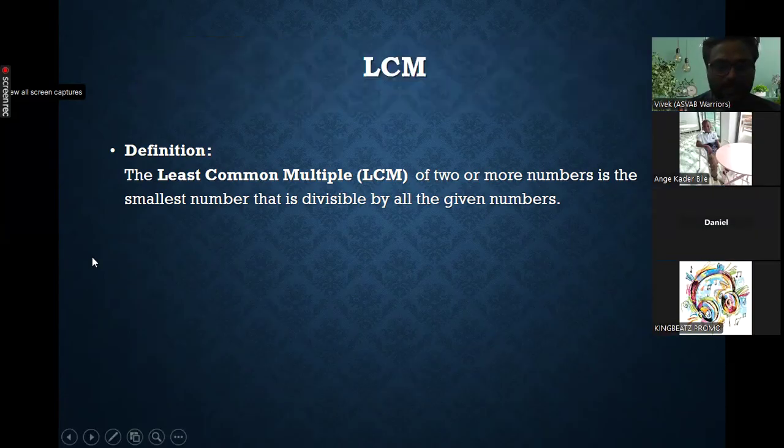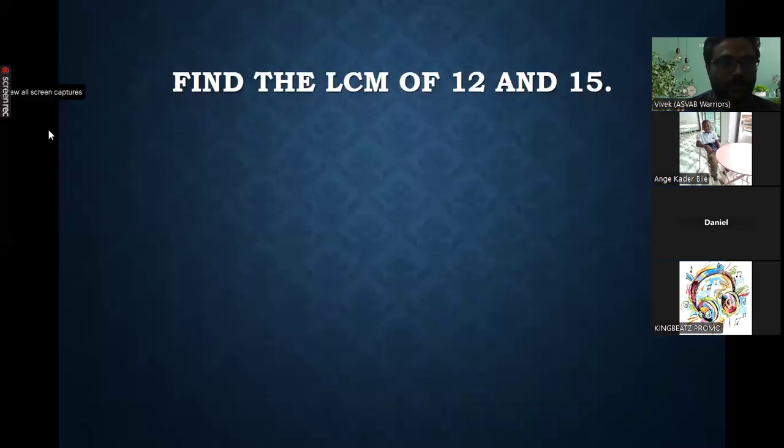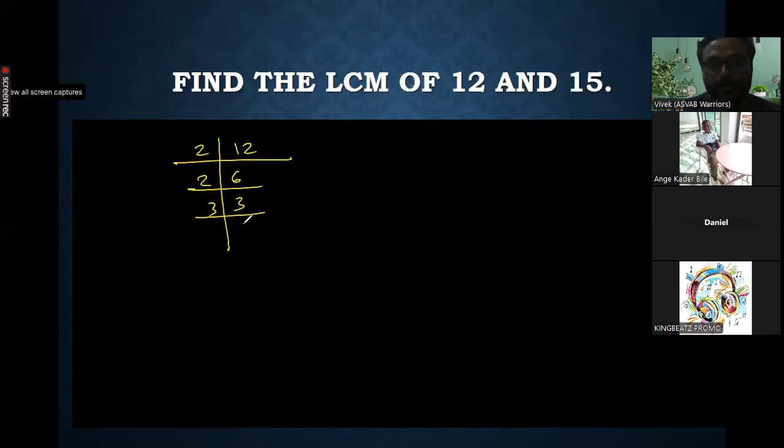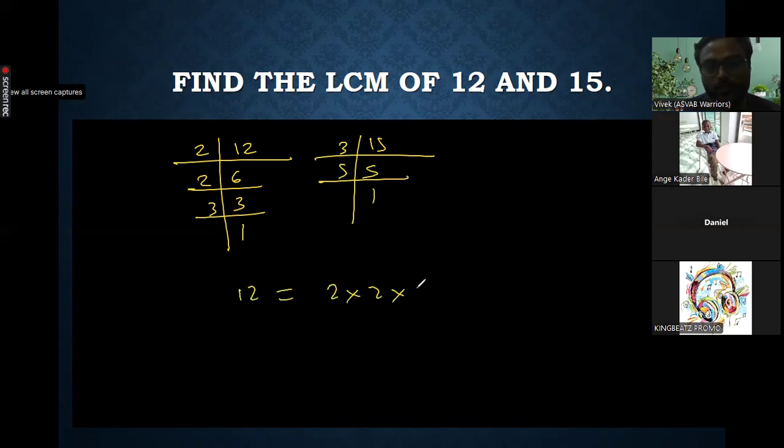Let me take the LCM of 12 and 15. 12 divided by 2 is 6, 6 divided by 2 is 3, 3 divided by 3 is 1. 15 can be divided by 3, 5, then 5, 1. So 12 is equal to 2 times 2 times 3, and 15 is equal to 3 times 5.